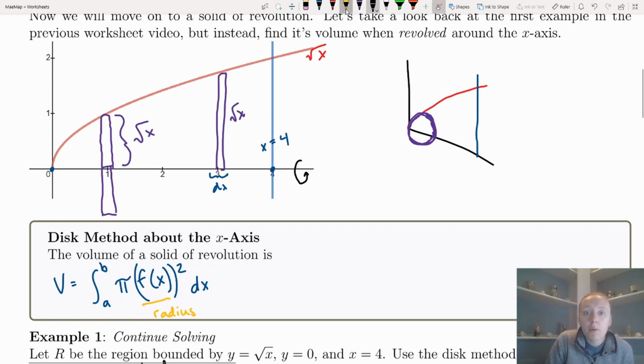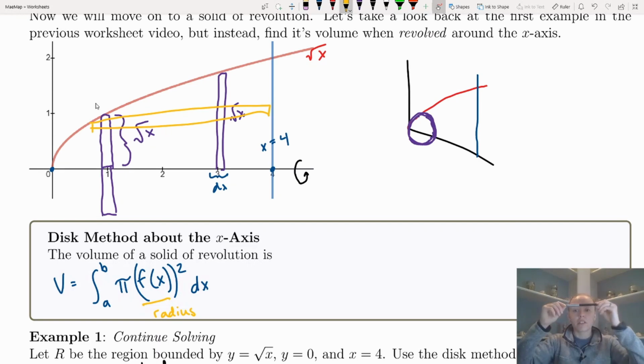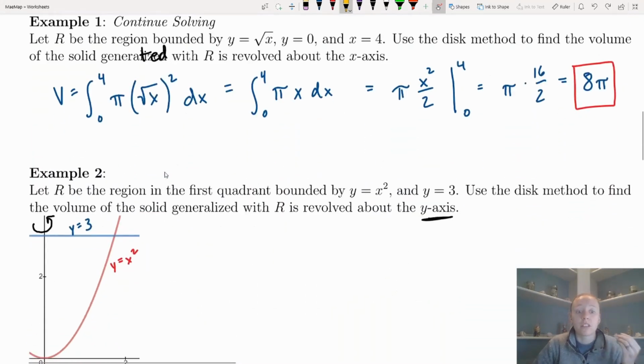If, however, we were to draw our rectangles the other way with respect to y, if you can see that yellow box I just drew, if we took our rectangles and drew them like that and revolved them around the x-axis, we would not get a flat disk. We would get a shell, a cylinder essentially, which is not a disk. That is the shell method, which we'll do examples on in a later example video. But for now, let's scroll back down to the example we're working on.